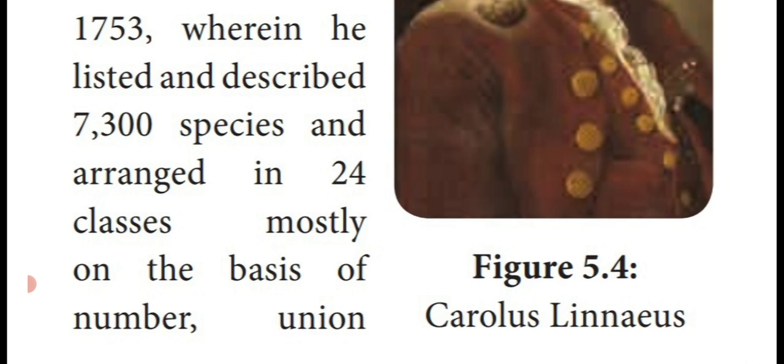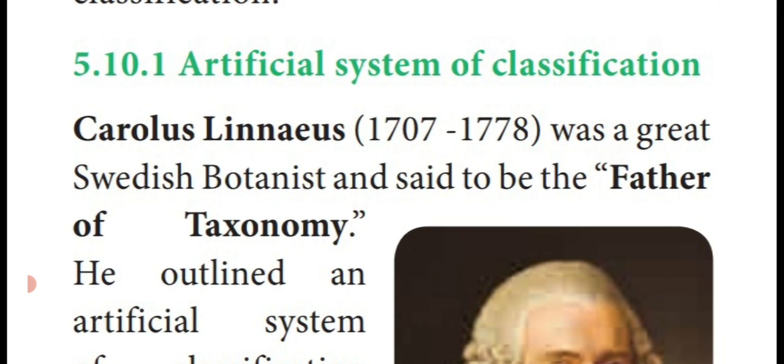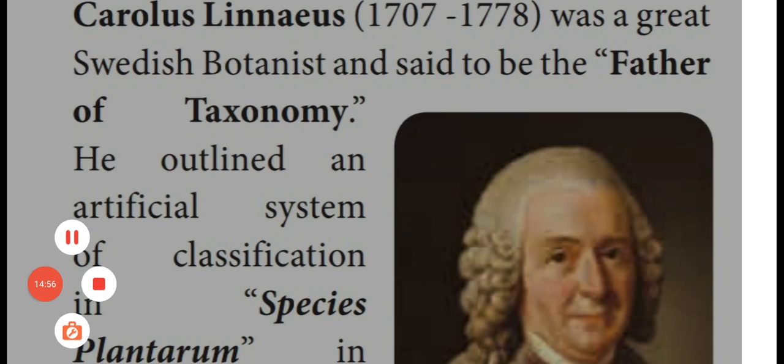What characters did he take to classify the plants? Number of stamens, how they are joined, connation or adnation, union of the stamens, and length of stamens. So this artificial system of Carolus Linnaeus is known as the sexual system of classification.